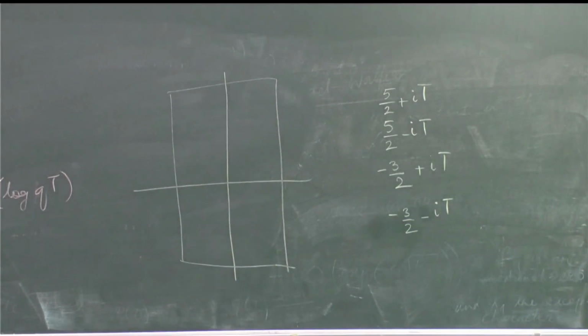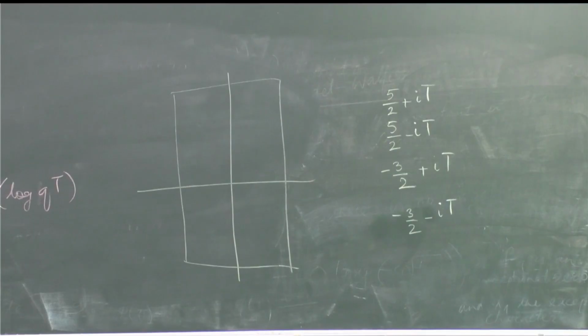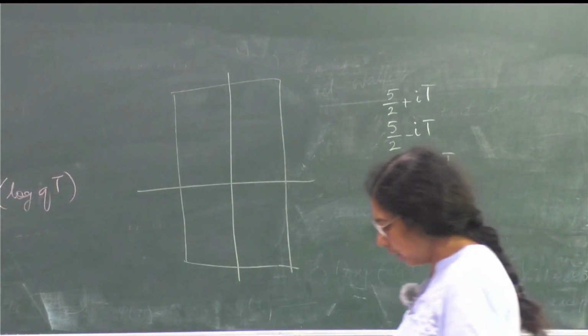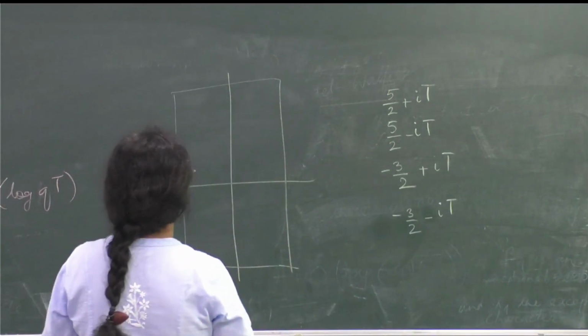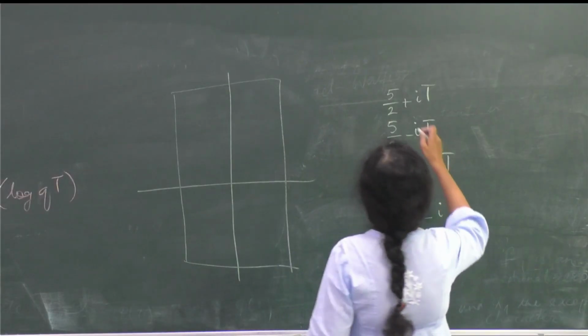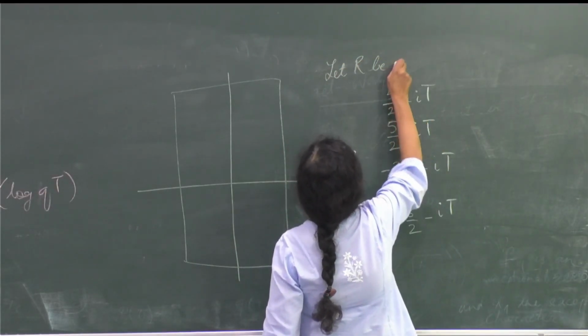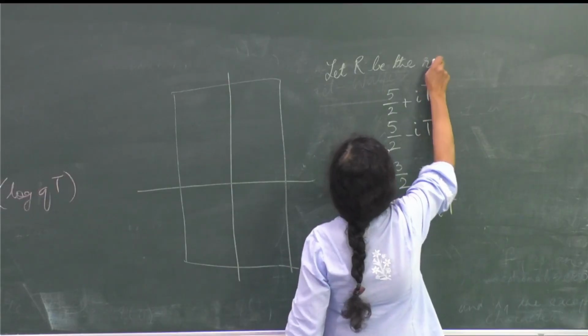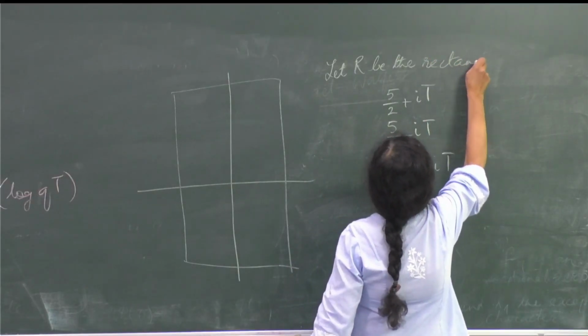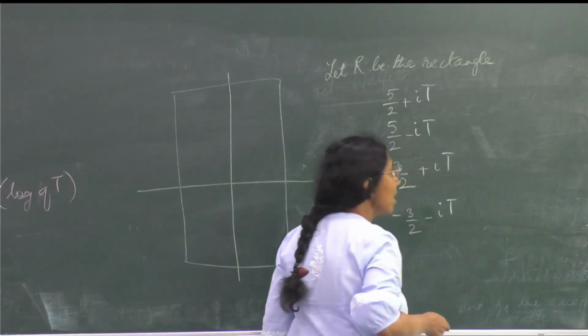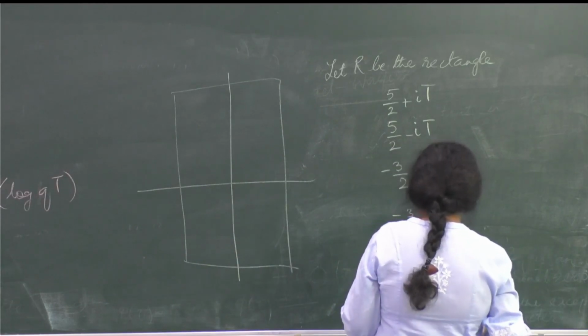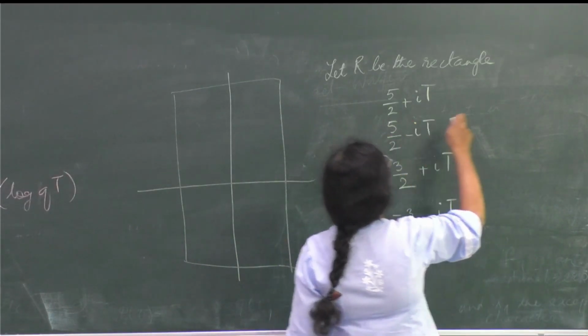So if you take these 4 points, this should include... let R be the rectangle with these vertices.